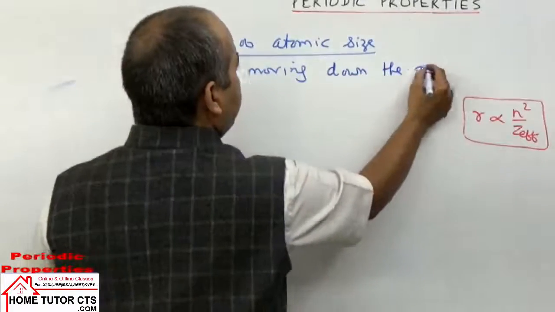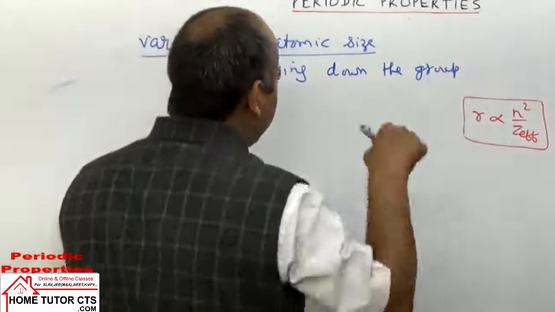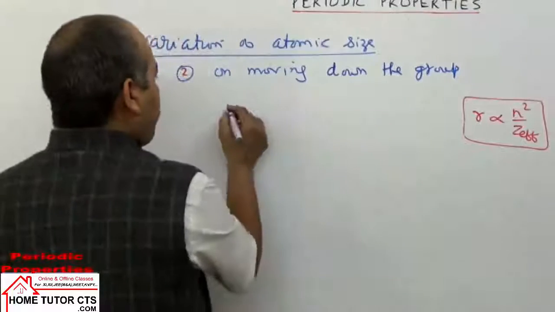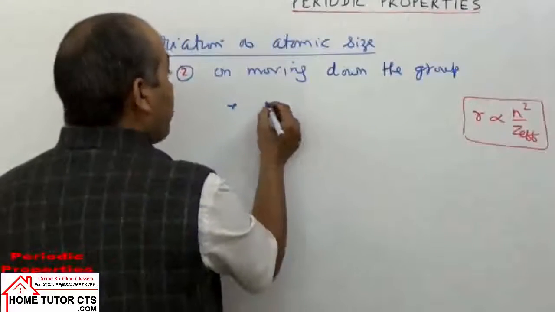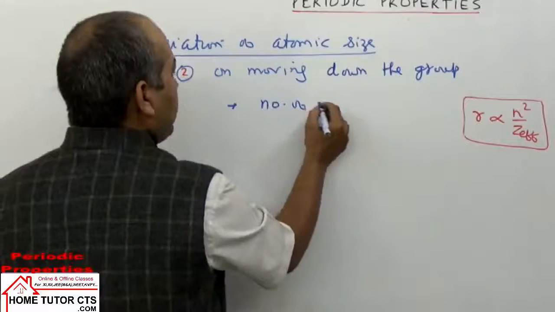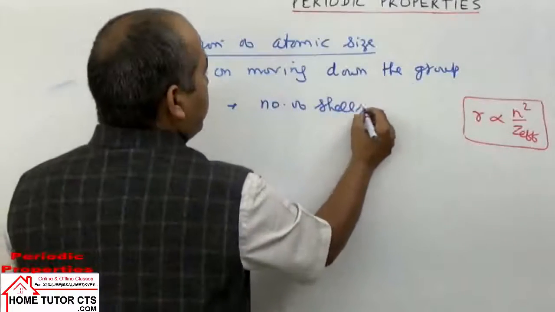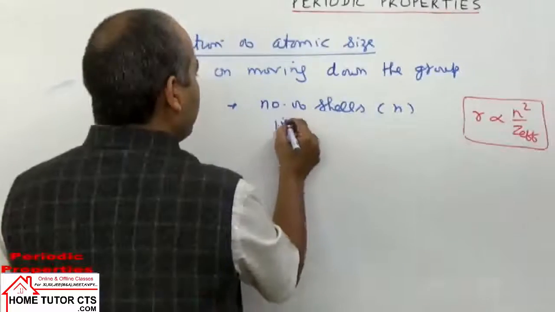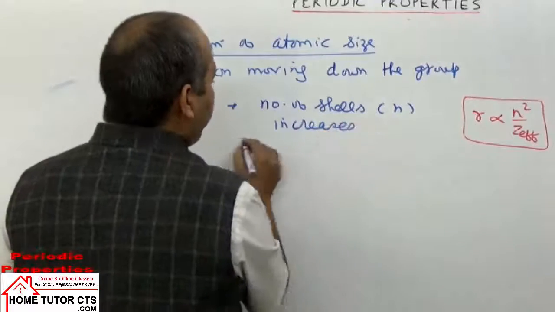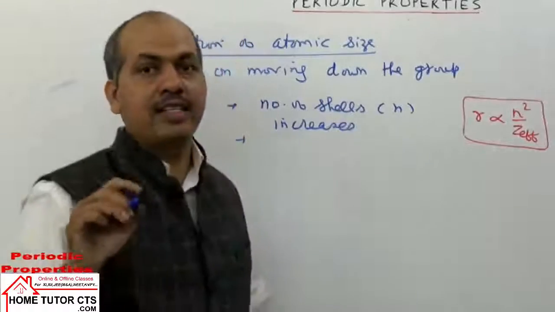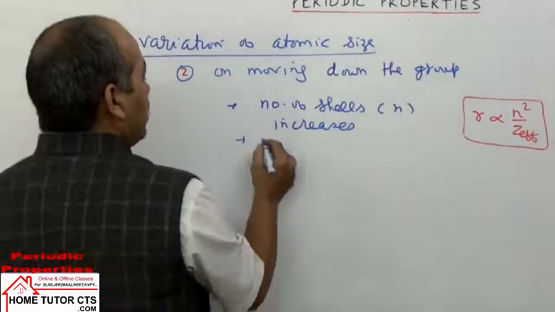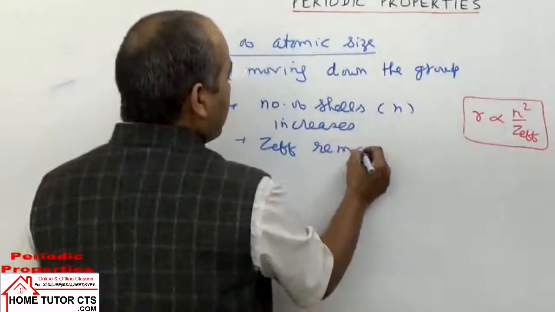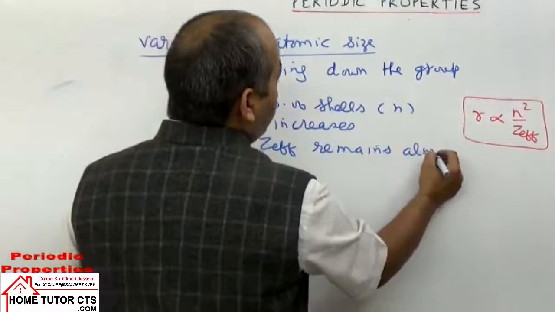In the same group, on moving down the group, number of shells, that is n, increases. Already I explained to you calculation wise that for such cases effective nuclear charge remains almost constant.